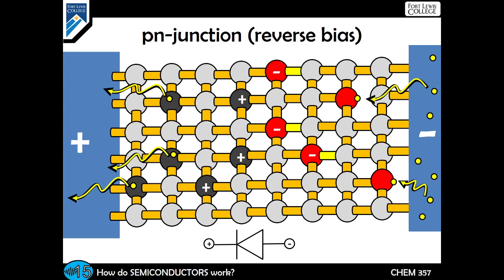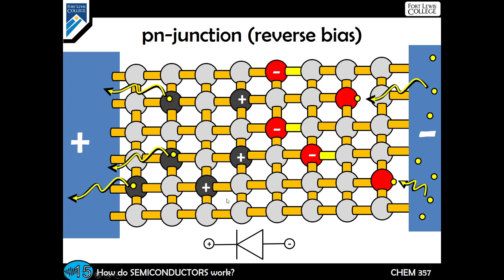And what happens is, if you have the reverse bias, so making the electrons flow this way, the electrons on the n-doped side are pulled further away from the interface. And on the p-doped side, the electrons are pushed into the interface.